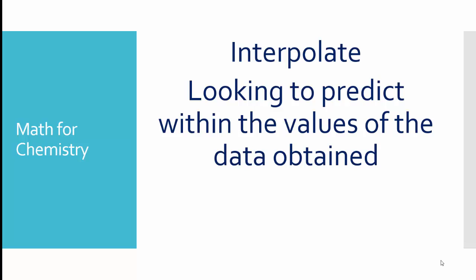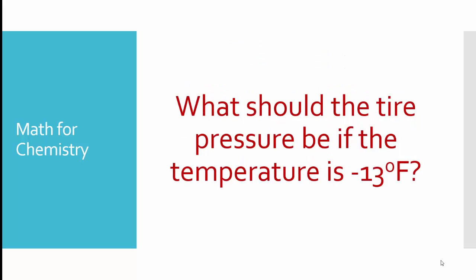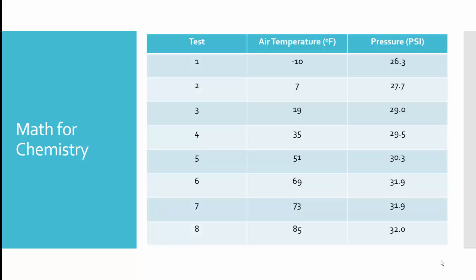We measured experimentally from -10 to 85, so 28 degrees is within that, so that was an interpolation. Extrapolation is predicting outside the values of the data obtained. For example, suppose we wanted to know what the pressure would be at a temperature of -13 degrees Fahrenheit. The lowest temperature we measured was -10, so we are going outside that range.